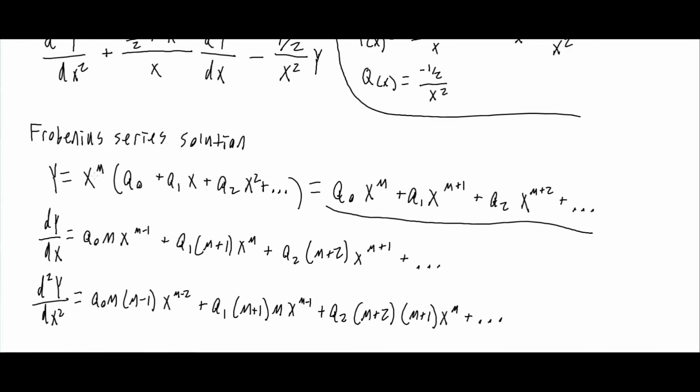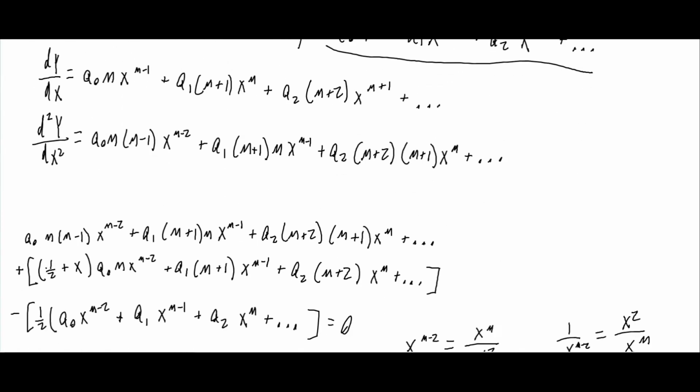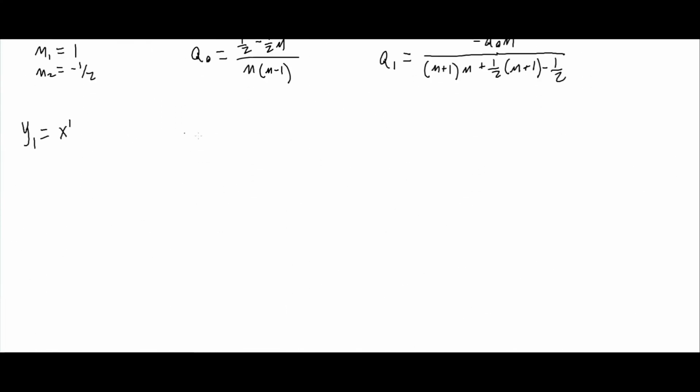So the first solution is going to have x to the 1, since m equals 1 is our first solution. Then that will be multiplied by 1 minus 2 fifths x plus 4 35ths x squared, and so on.